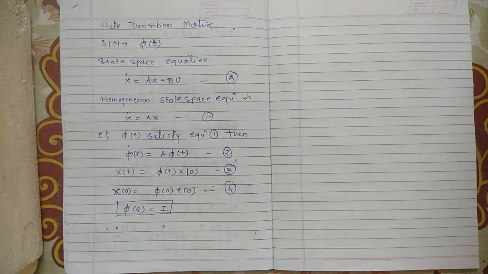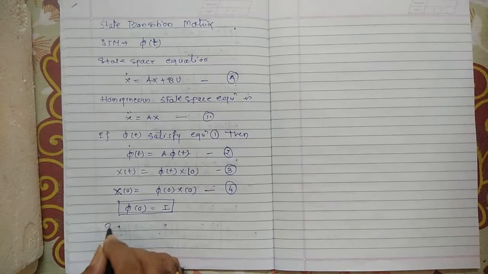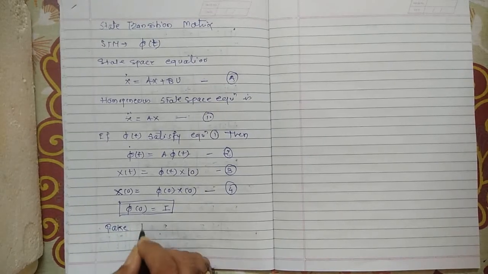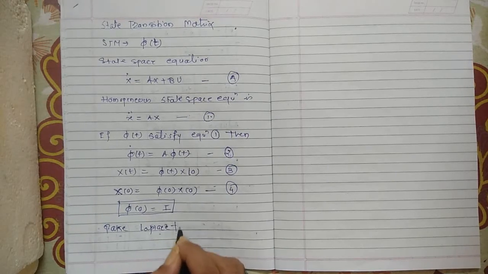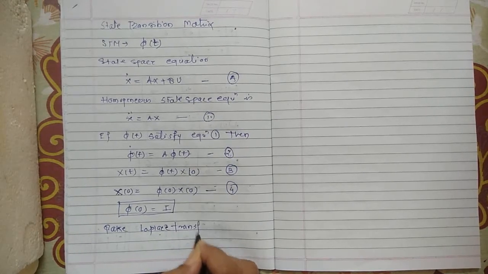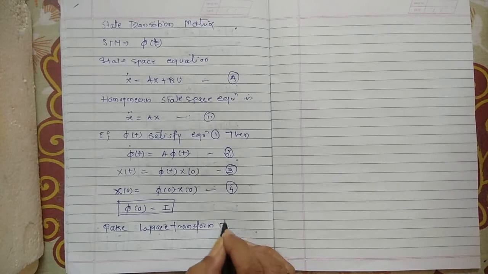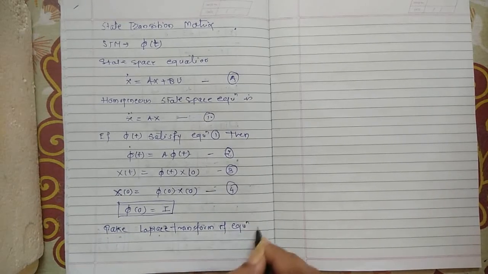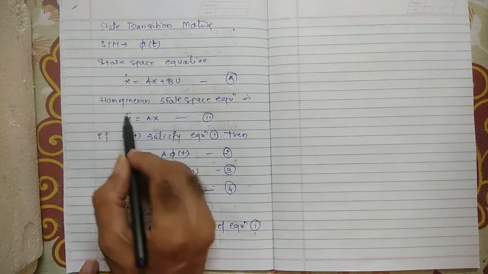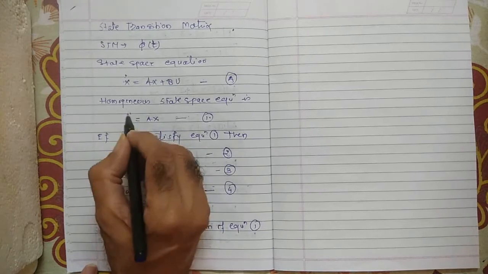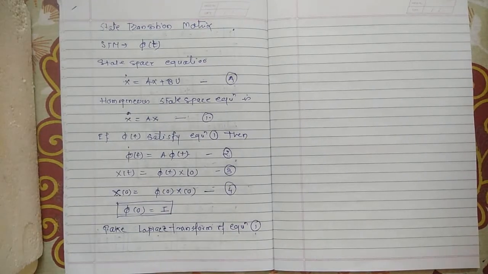Now take the Laplace transform of equation 1. This is x dot equals Ax, where x dot means dx by dt.